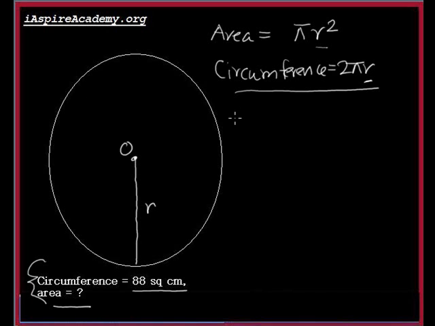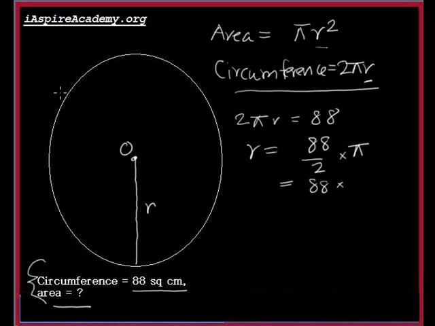So let's solve the problem. 2 pi r, which is the circumference, equals 88. So r equals 88 by 2 times pi. Now what is pi?